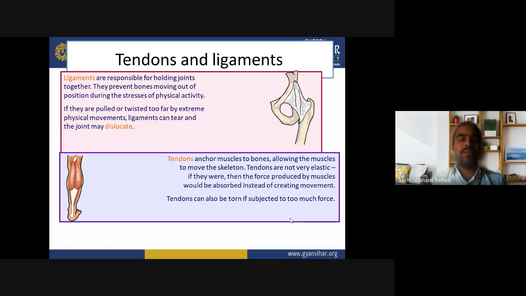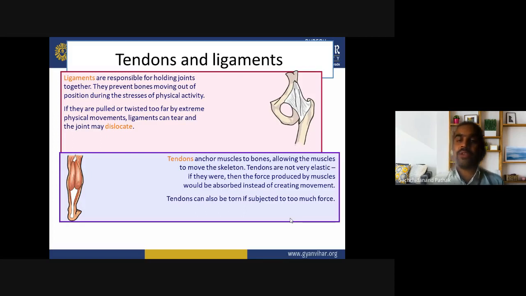Okay, but if muscles are connected to the bone and that connection is tendons, and if the tendon has elasticity, then how can the muscles give force to the bones for movement? That is not possible. So when force is produced by the muscle for movement, it would be absorbed instead of creating movement. That is the reason tendons don't have elasticity.